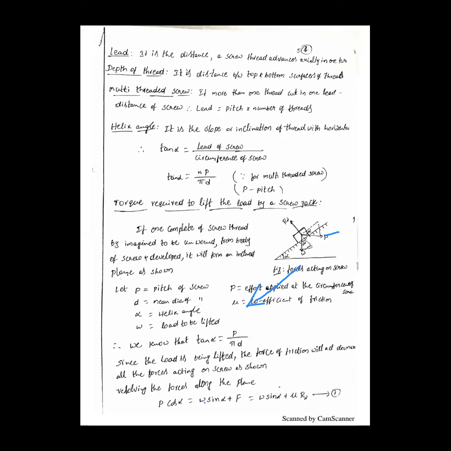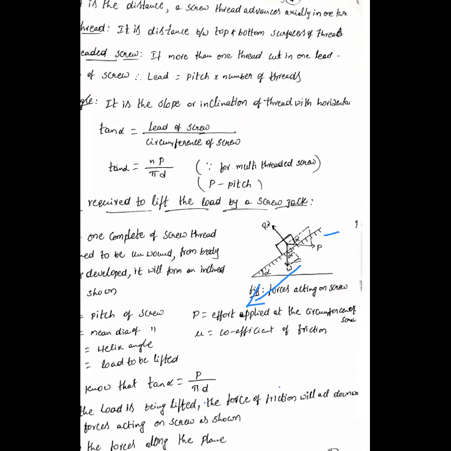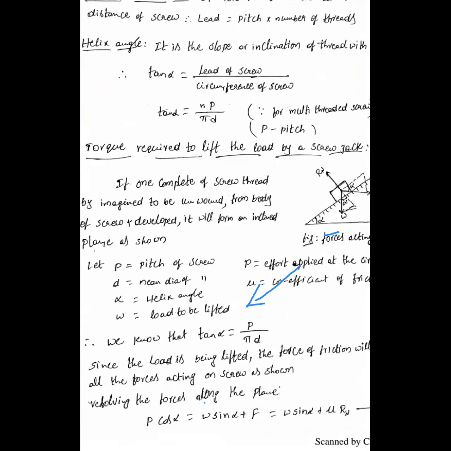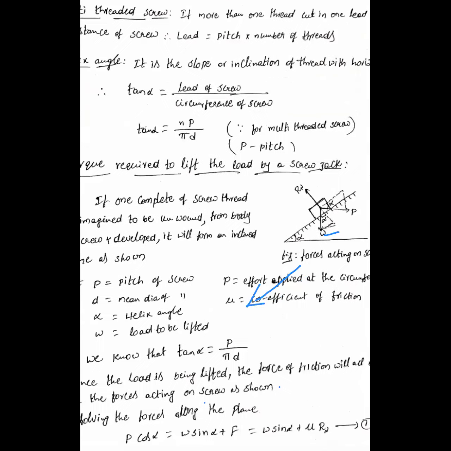So what are the horizontal forces? Just observe our diagram. P cos alpha is going towards the right side, and W sin alpha is going towards the left side, and F is also going towards the left side.